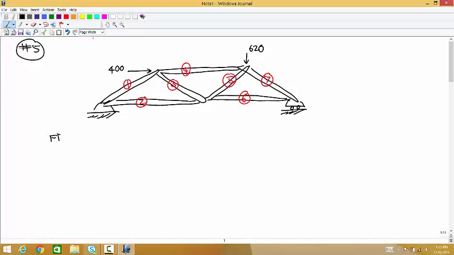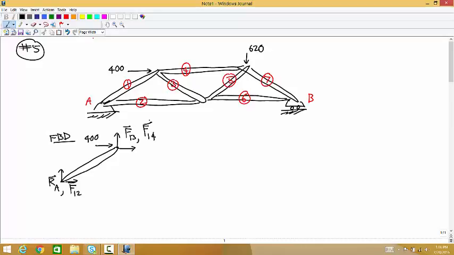So free body diagram of 1. I'll call this A, B. We have RA, and then we have the force on 1 by 2. Up here, the pin's part of member 1, so we have the 400, the force on 1 by 3, and the force on 1 by 4.